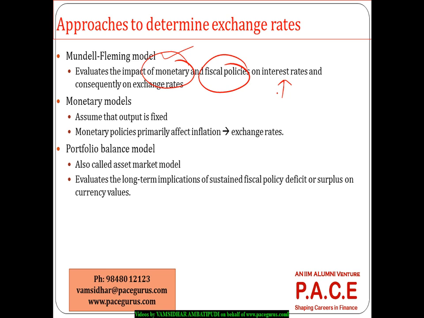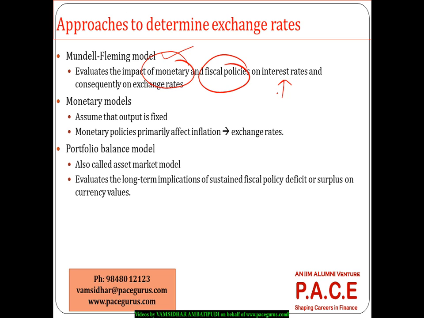So the Mundell-Fleming model simply says that both the monetary policy as well as the fiscal policy, both of them influence the interest rates and thus the exchange rate. On the other side, when I look at the monetary models, they assume that the interest rate is fixed.